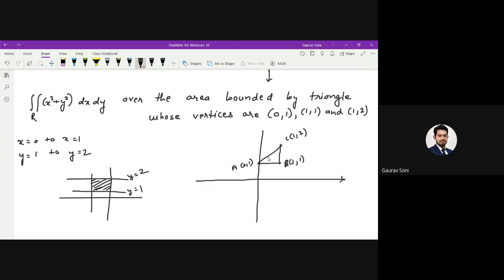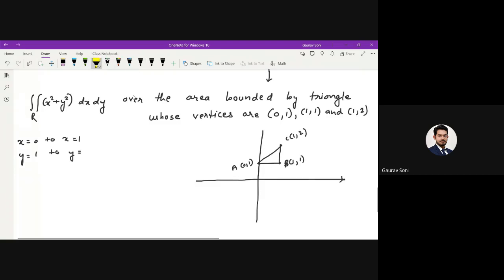But is it a square? Is the value of y constant? Is the upper limit constant for your region? Is it simply 2 throughout your region?